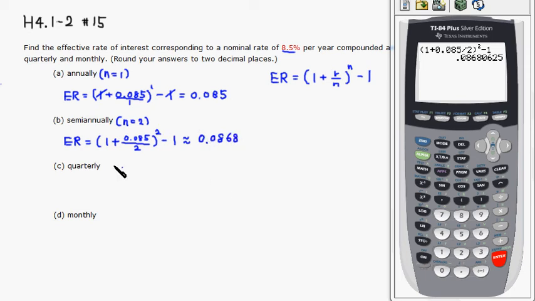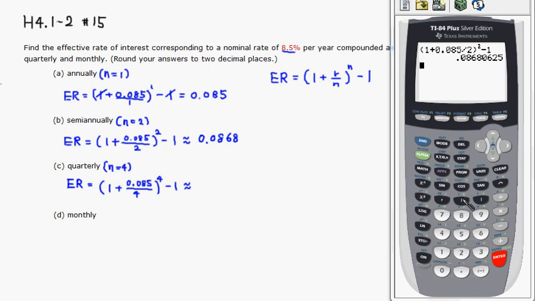All right, and the effective rate for quarterly, where N equals 4, is 1 plus 0.085 over 4, raised to the fourth power, minus 1. Let's get this value.